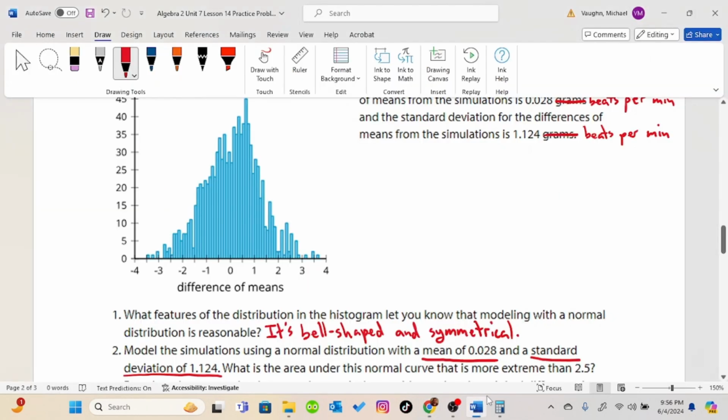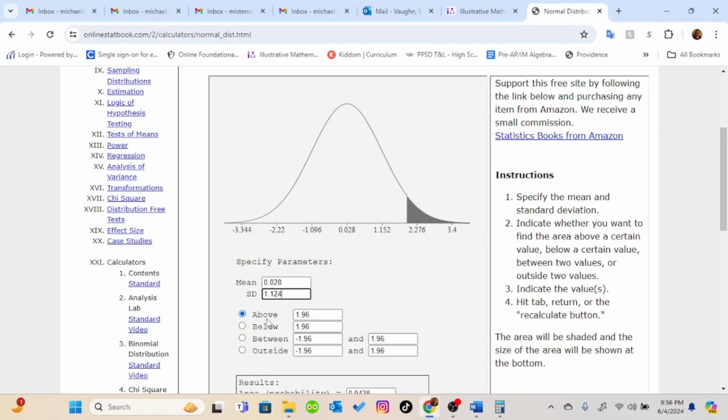And the last thing it's looking for is what area we're looking for. And we want more than 2.5. So we're going to say above 2.5.